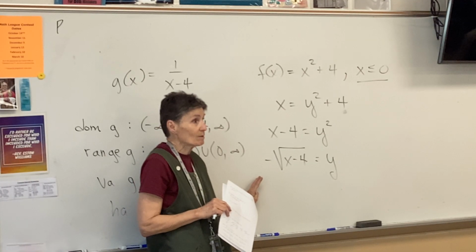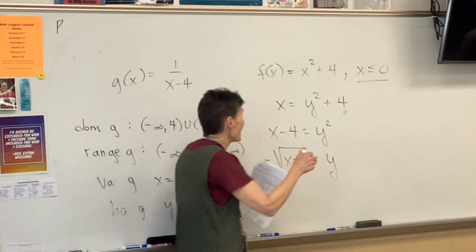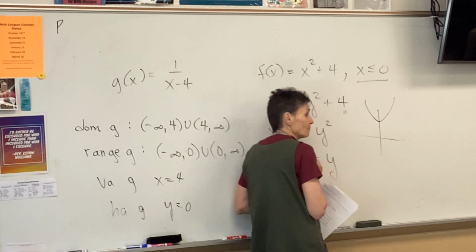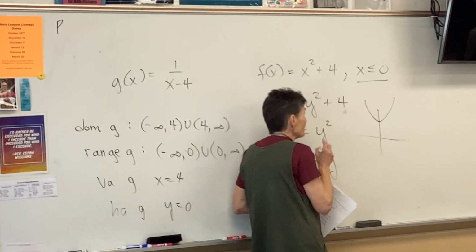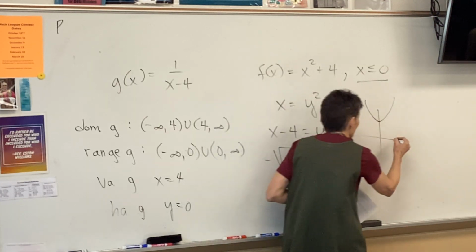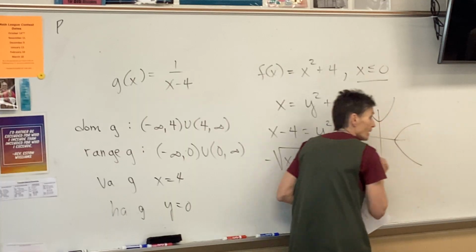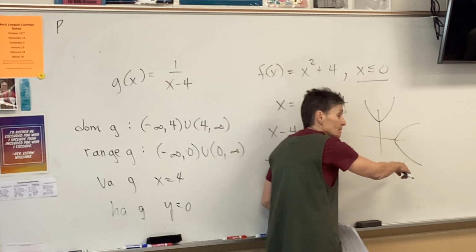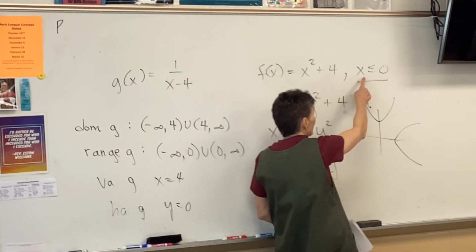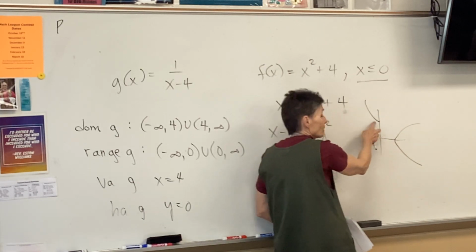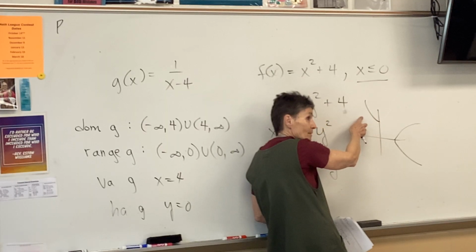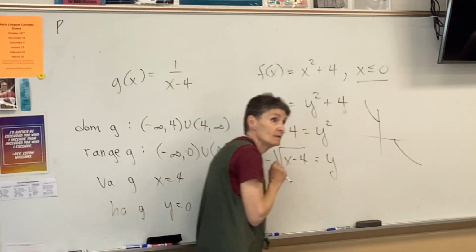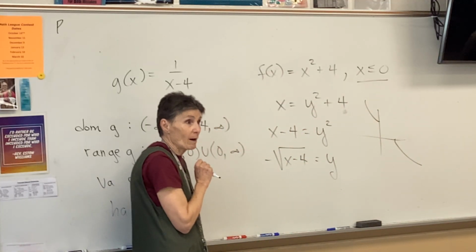Does that make sense to everybody? And the reason that we have that is, here's the original function. When you find its inverse, it looks like this, okay? This is not a function. So when we say, okay, we only want the negative part of the original parabola, that means I only want the negative part of the inverse parabola.